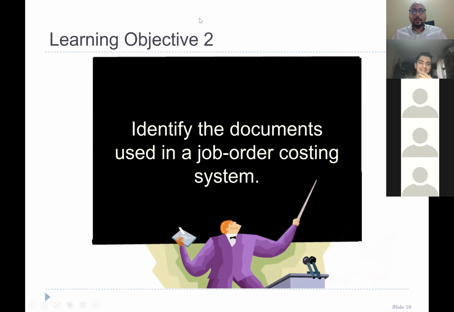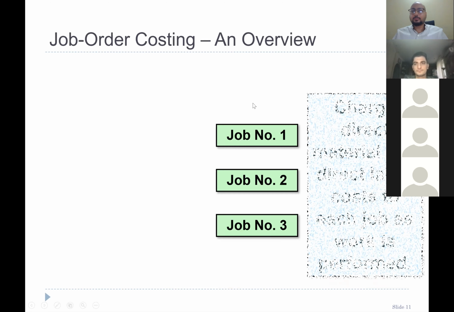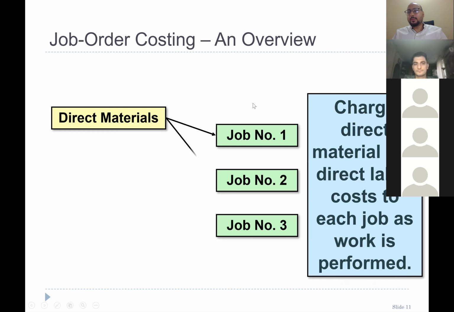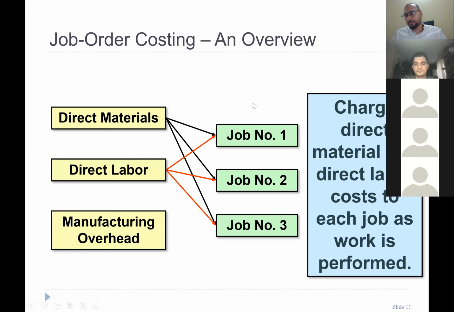Learning objective 2: identify the documents used in a job order costing system. This is just for documents, and it's fairly simple, just the way you present it. There is no rocket science here. A company receives, for example, 3 jobs, and for these jobs, of course, direct material and direct labor are going to be used.